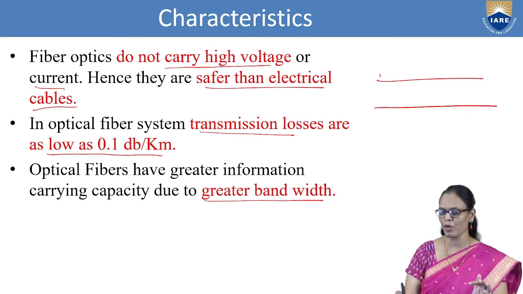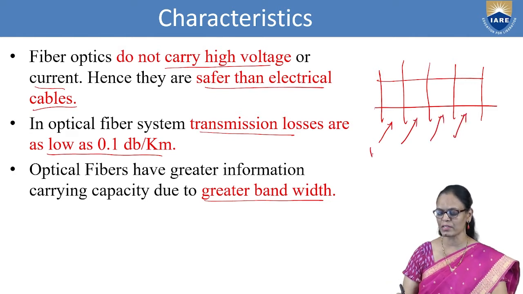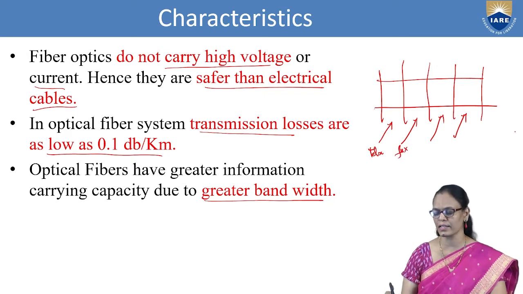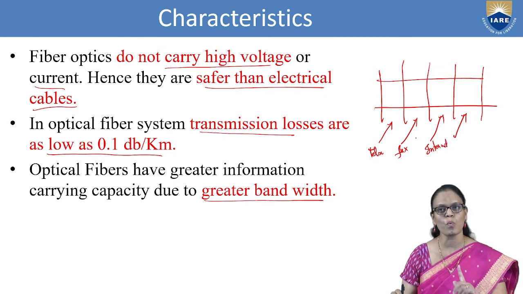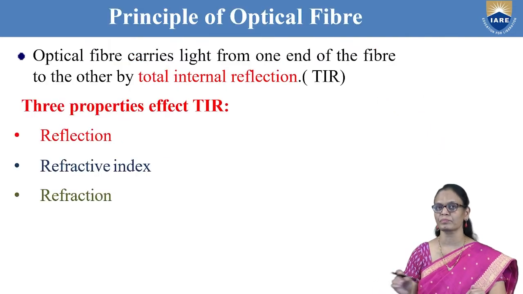So different types of signals, you can divide them into bands, and each type of signal can be sent at a different frequency. So you can send telex, fax, telecommunication, internet, all signals can be sent through one optical fiber. That is very important for optical fibers.